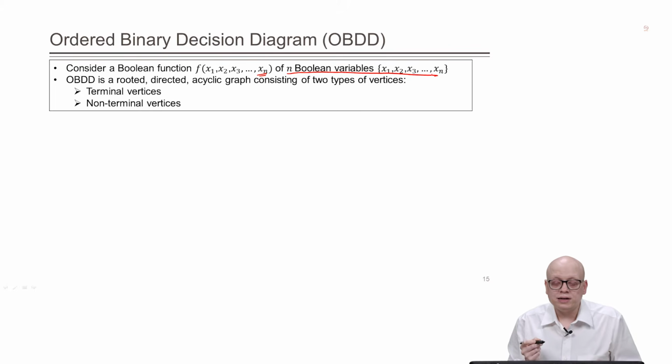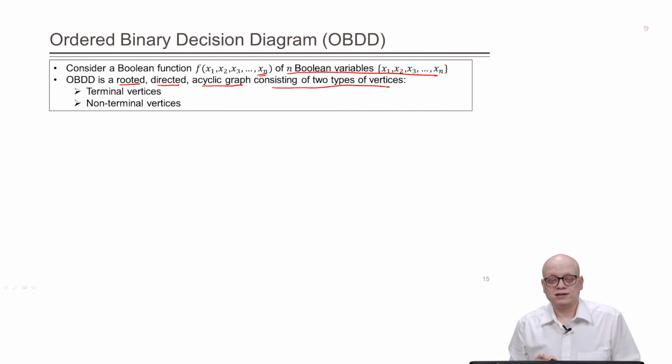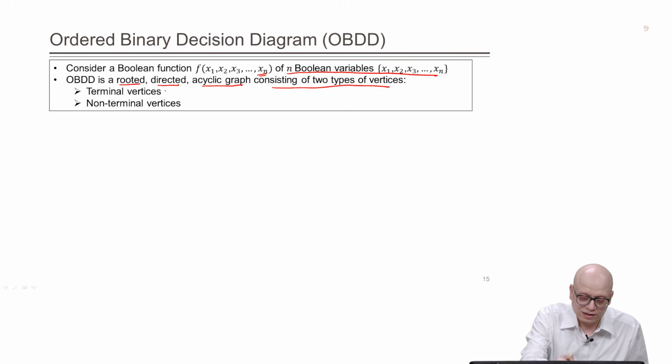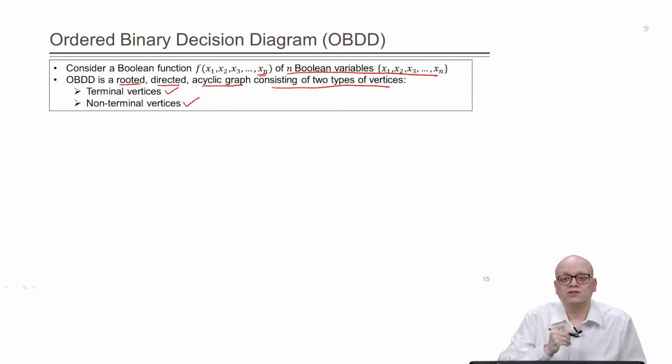What is an OBDD? It is a rooted, directed, acyclic graph. And what does an OBDD contain? It contains only two types of vertices: one is the terminal vertex, and the other is the non-terminal vertex.